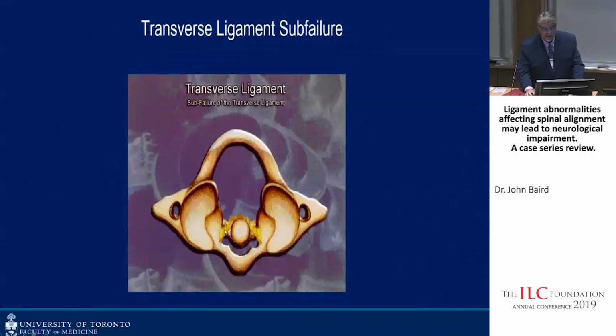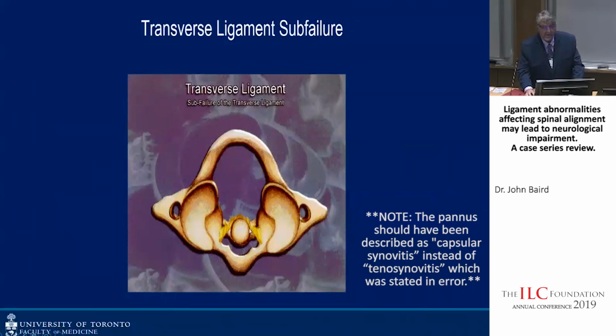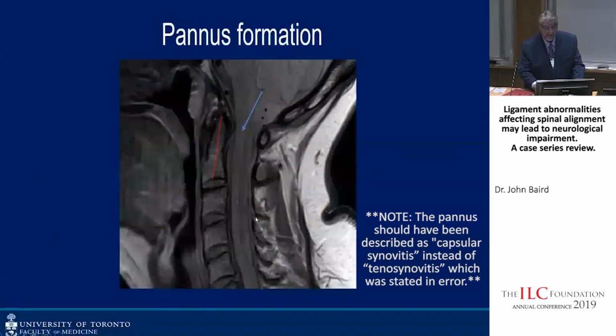When there is laxity there, there tends to be a lot of vibration, and what can happen over time is that the body will have an inflammatory response to that. That can result in what we could call a tenosynovitis, a granular buildup, sometimes referred to as a pannus.